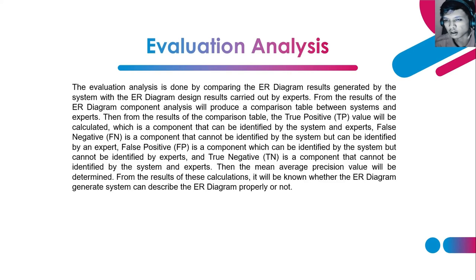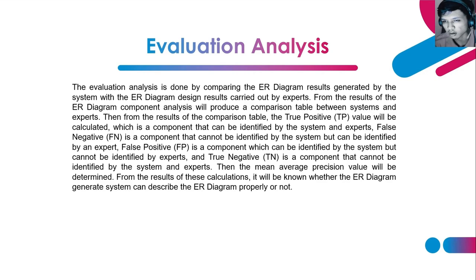Last is the evaluation analysis. The evaluation analysis is done by comparing the ER diagram generated by the system with the ER diagram design made by the expert. From the ER diagram components, a comparison table between the system and the expert will be produced.